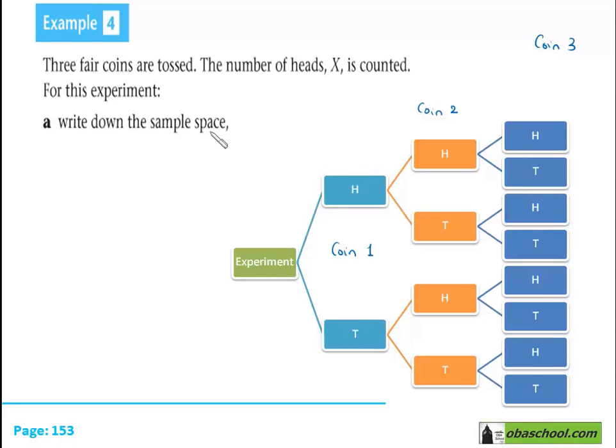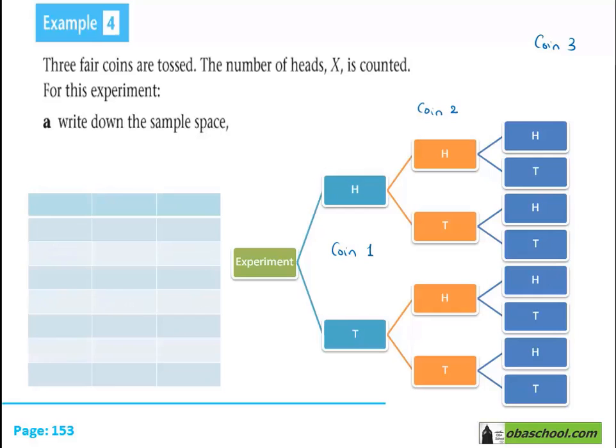We can write it in an easier form. We construct a table and we put all the possible outcomes inside the table: coin 1, coin 2, and coin 3. For coin 1 we have head, then coin 2 could be head, coin 3 also could be head. We simply read each line of the tree diagram. Now for line 2.